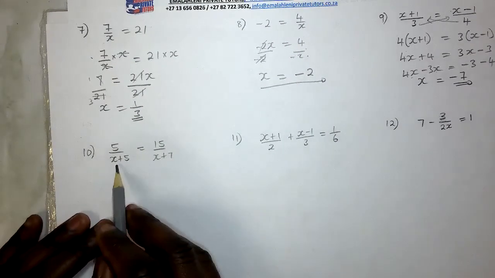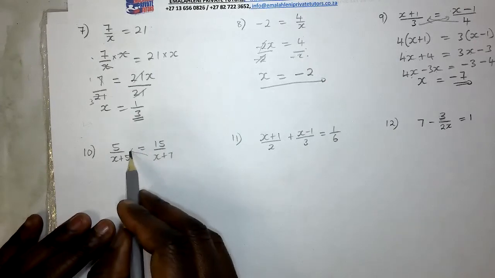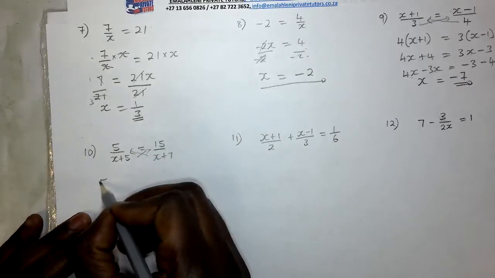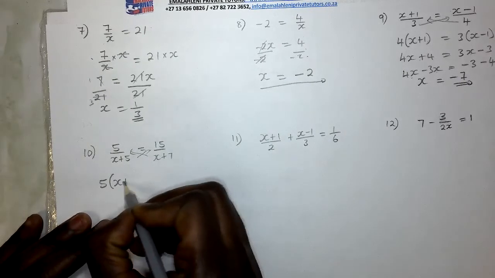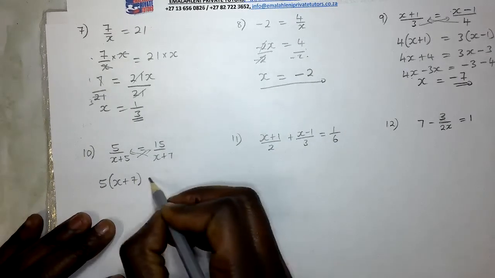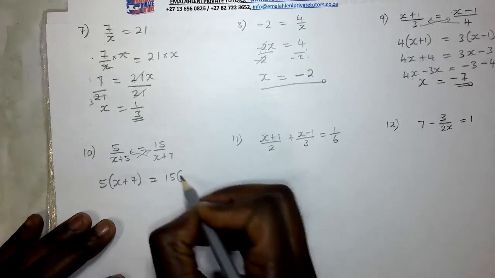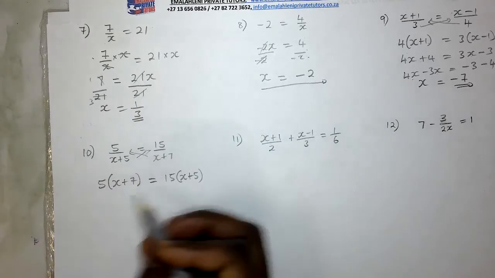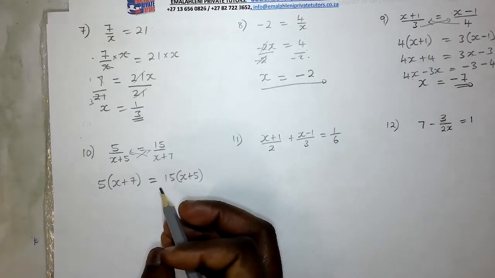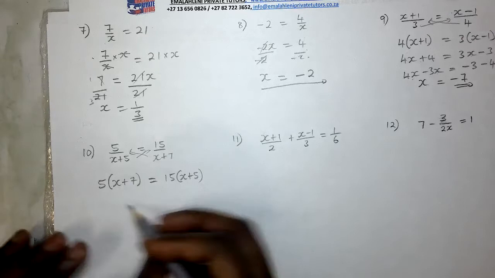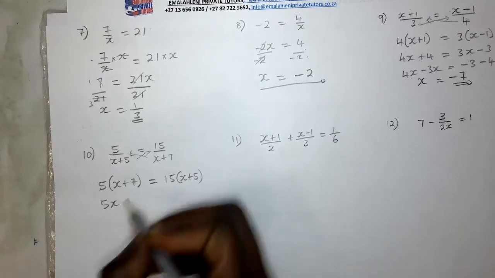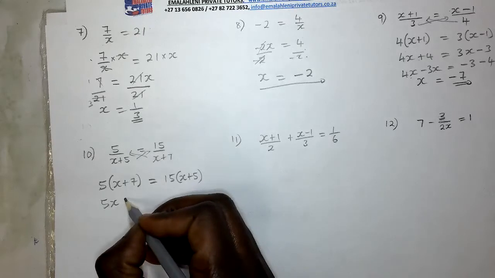What do we do? We cross multiply. So we're going to say 5 in bracket x plus 7 is equal to 15x plus 5. Then what do we do here? We are going to have 5 times x, we get 5x. 5 times 7, we get 35.